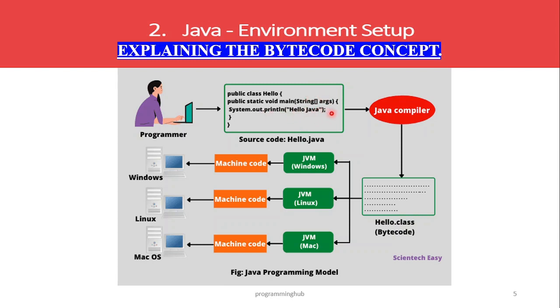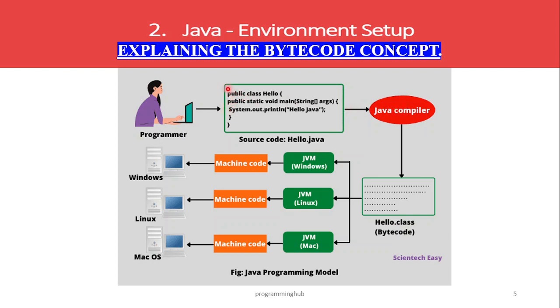When you want it to be executed, you run your program. Once you run it, it is handed over to the Java compiler. The Java compiler assesses the file you've passed to it.